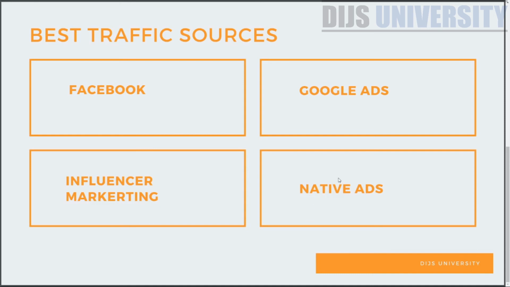So the final one that we are going to cover today is native ads, or what we call sponsored content. So what is actually a native ad? A native ad is a type of paid traffic source that involves brands sponsoring articles and videos that appear on websites or social media or any sort of other influencers or publishers.